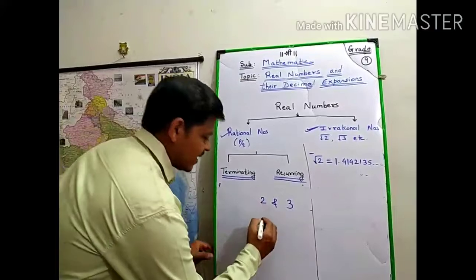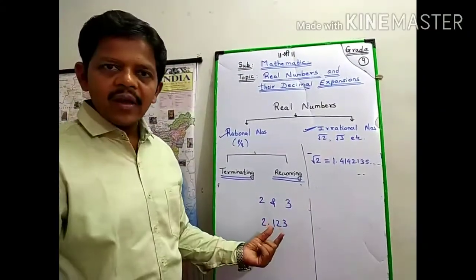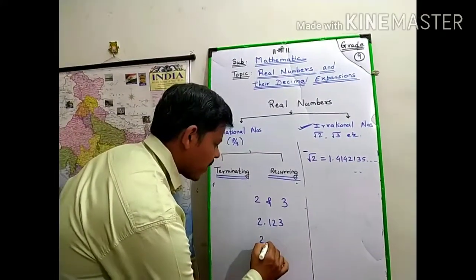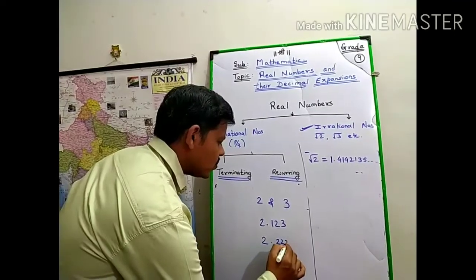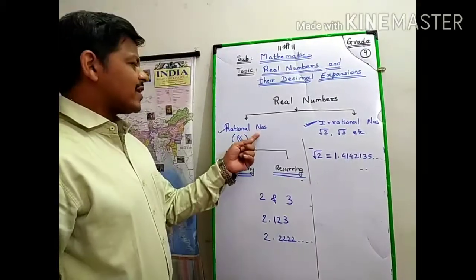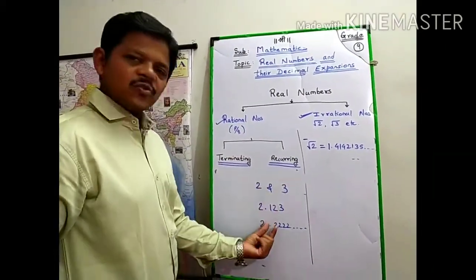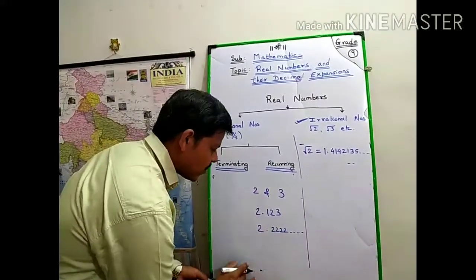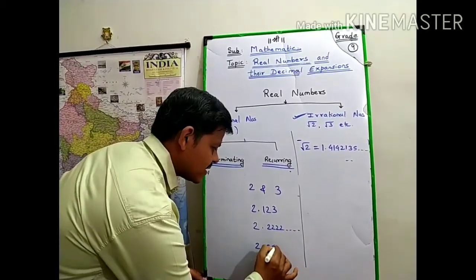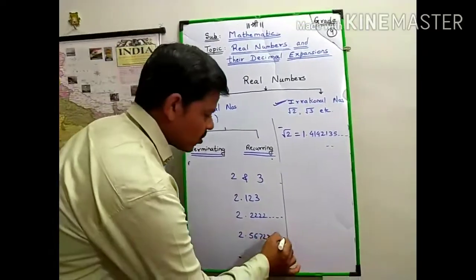So now what will I get? Can I write 2.123? This is a terminating one, hence a rational number. Or 2.2222, a recurring one. Recurring is also rational, terminating is also rational, and it is between 2 and 3. Or else one more number I can take, 2.56727272 and so on. This 72 is repeating.